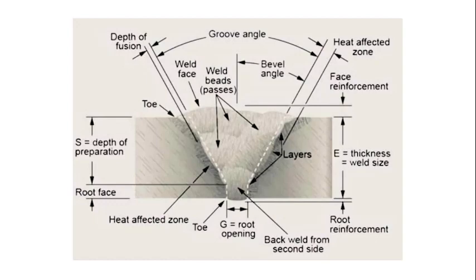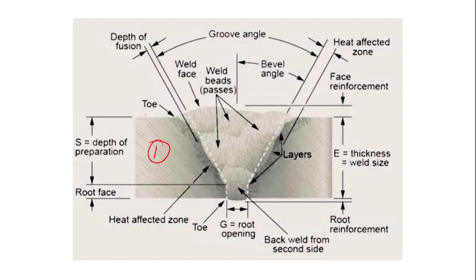Then a few terminologies that you should know in the diagram. Let's first see about root. Suppose this is your first material, and both the materials are the same. Suppose these are two sheets and we want to join these two sheets along the length.